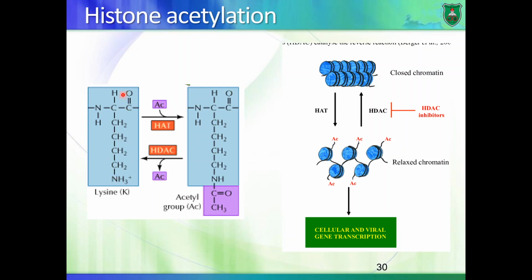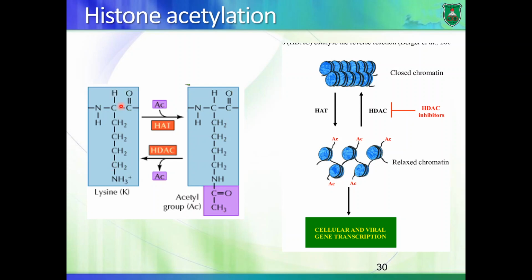This amino acid is known as lysine. Now, lysine is a positively charged amino acid. Okay? Remember we said that histones are positively charged, and that's how they interact with DNA non-specifically, that is, regardless of what the sequence of bases is.